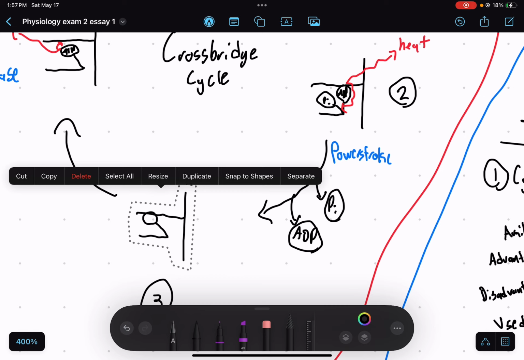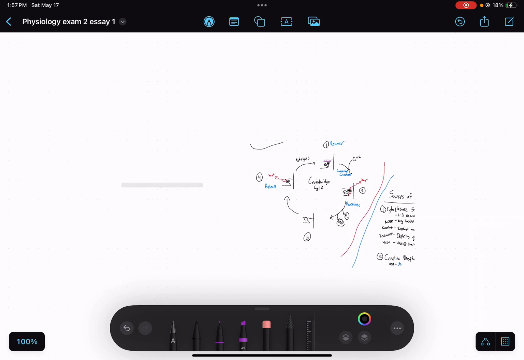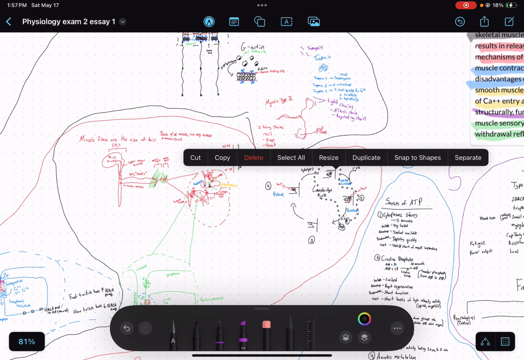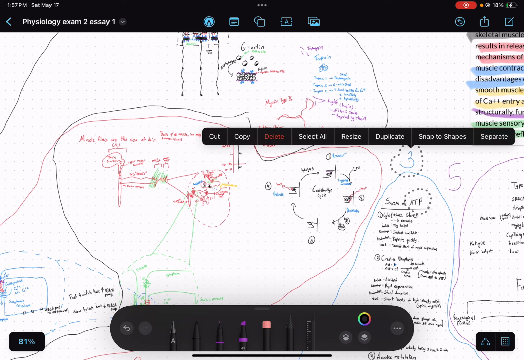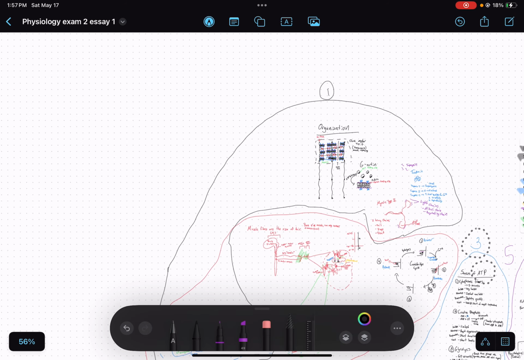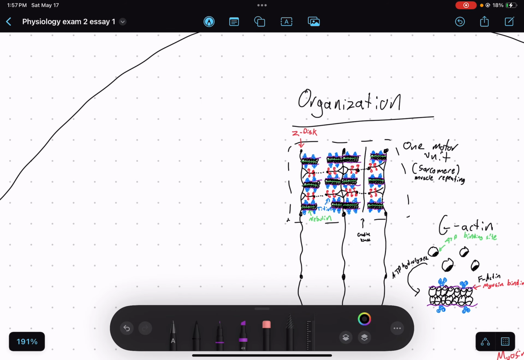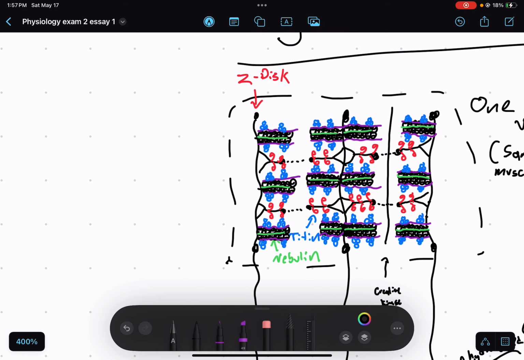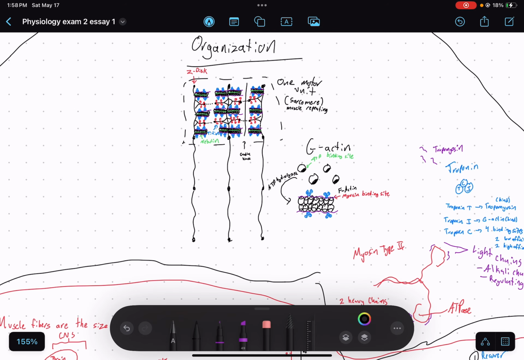This is causing the Z disc to shorten, which I didn't talk about a whole ton earlier, but just something quick to mention is it's just going to pull those Z discs closer together, causing those sarcomeres to shorten in length.